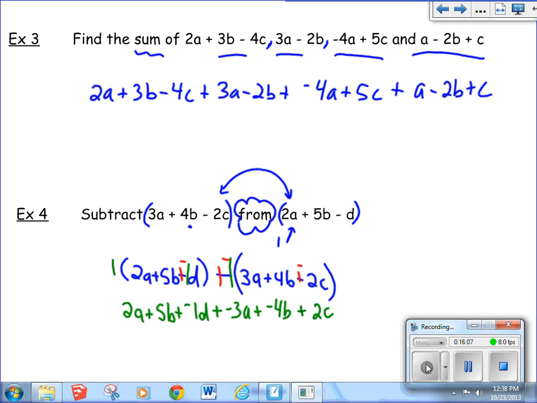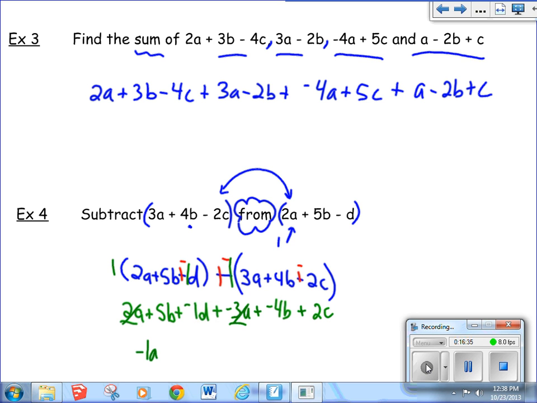What should we do now, Daryl? Combine all. Yeah, there's like terms in there to combine. Good. 2a and negative 3a is what, Caitlin? Negative 1a. Good. You want to cross those out once you've used them, that's fine.